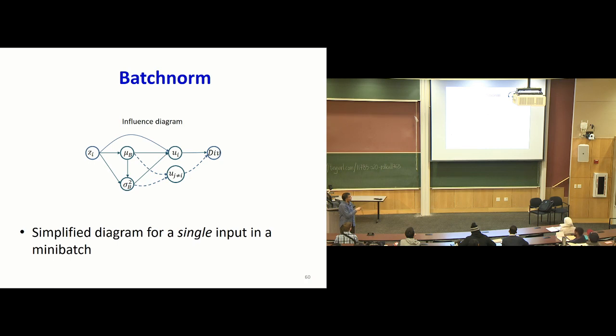The mean and the variance influence the normalized u, and then the normalized u is what is being used to compute the divergence. Then that is shifted, and that's being used to compute the divergence. But then this mean and variance influence every other instance in the mini batch as well, and those two affect the divergence, right? That's what the dotted lines show.